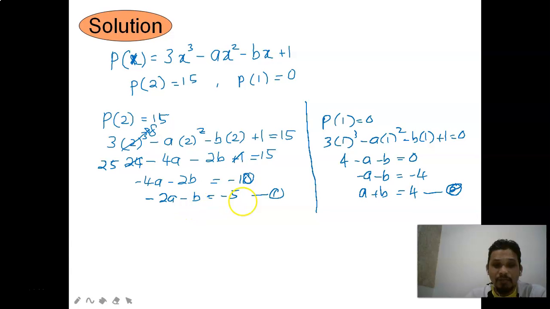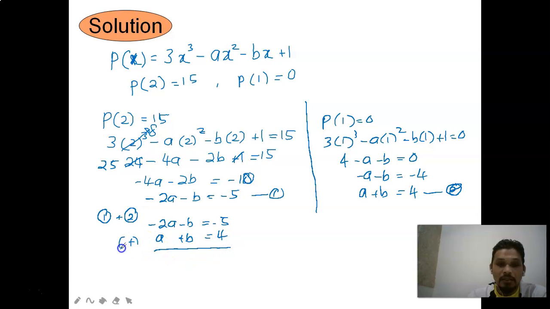Now look at equation 1 and equation 2 here. We got negative b and also b. If I add equation 1 plus equation 2: negative 2a minus b equal to negative 5, and also a plus b equal to 4.